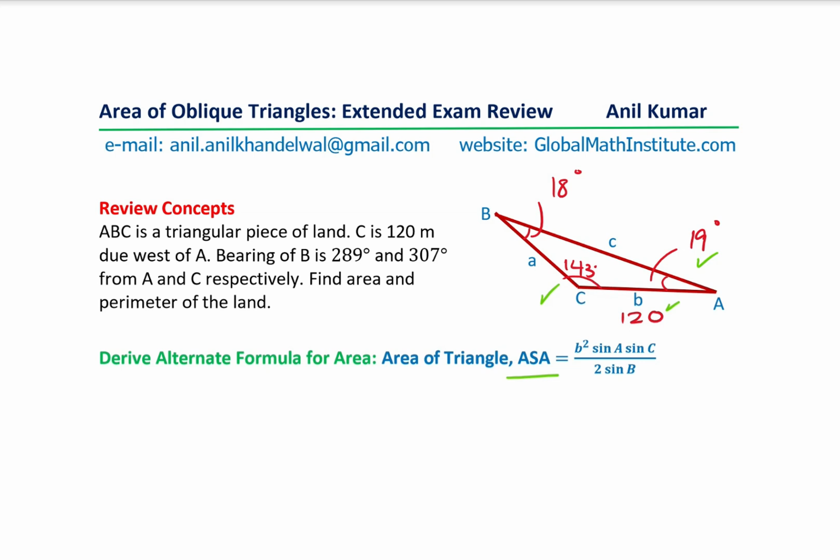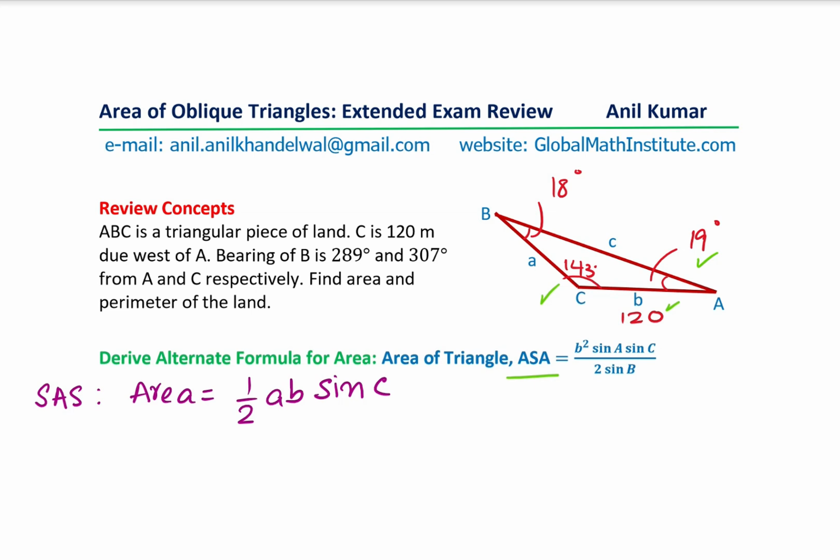Well, it is the combination of the previous one. If we know two sides and an angle in between, in that case, area is equal to half of AB sine C. Correct?